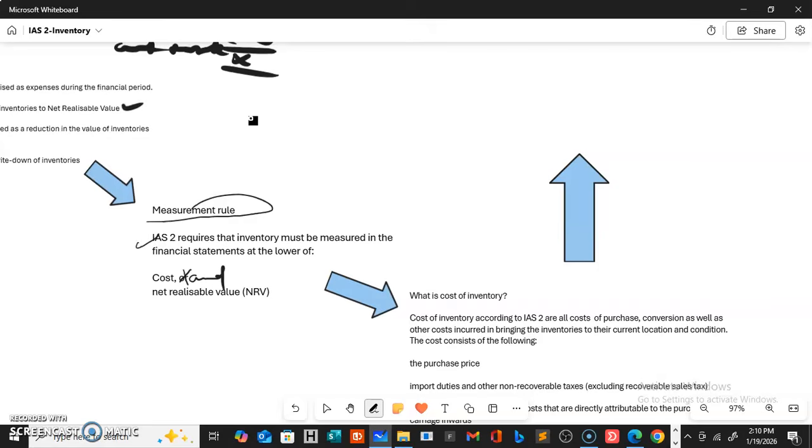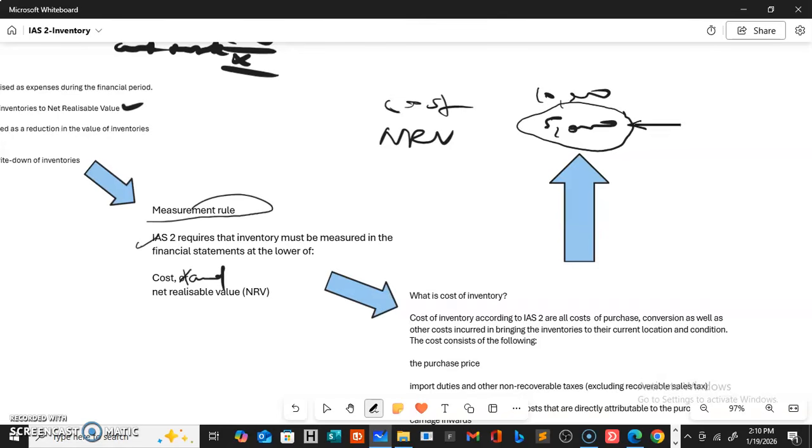So what we're saying is that if the cost of the inventory is 10,000 and the NRV calculated is 5,000, then in our income statement, the closing stock to recognize is the value at NRV, because it is lower compared to the initial cost. If the cost is 5,000 and the NRV is 7,000, we're going to take this 5,000 and recognize it and reject this 7,000. Please take note and have this at the back of your mind.